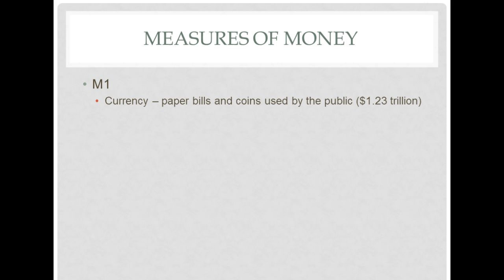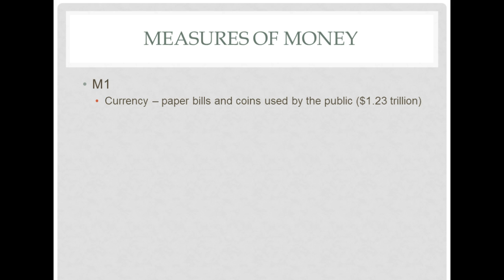As of the recording of this video, there was $1.23 trillion of that floating around the economy. That's actually quite a bit, by the way, by historical standards, and we'll get into why later. But the first thing that's included in M1 is currency.